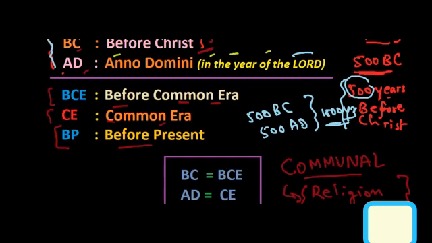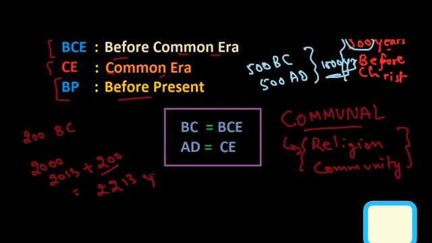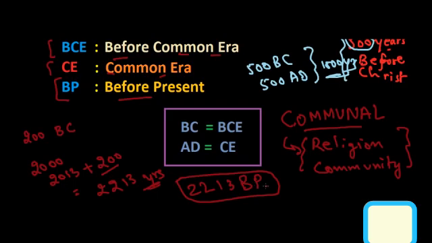For example, if we say 200 BC, then in terms of BP it will be, taking 2013 as today's date, 2013 plus 200, which comes out to be 2213 years. That is, it will be called 2213 BP, that is 2200 years ago from the present.